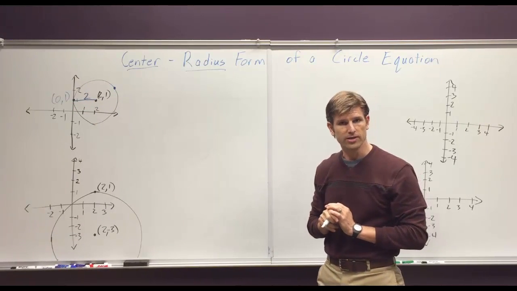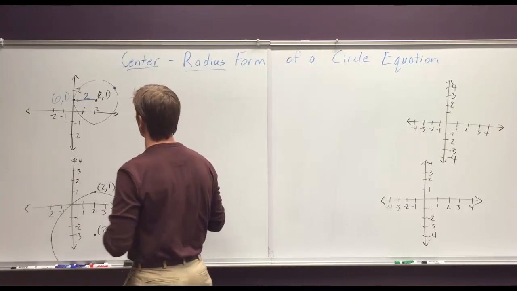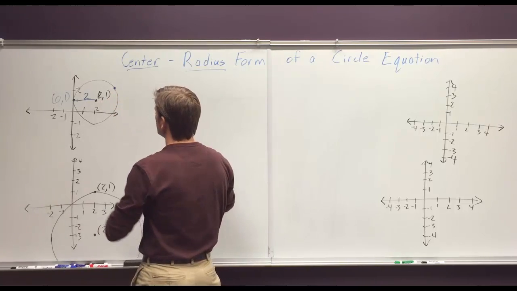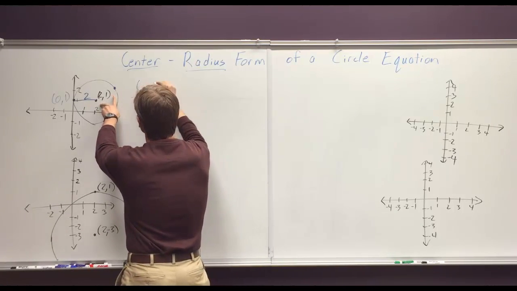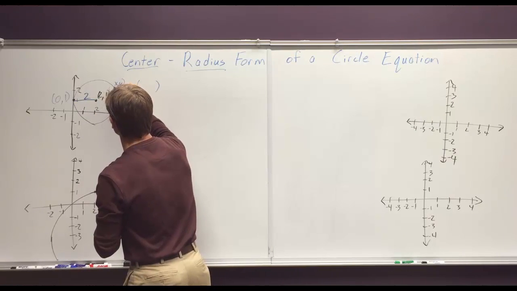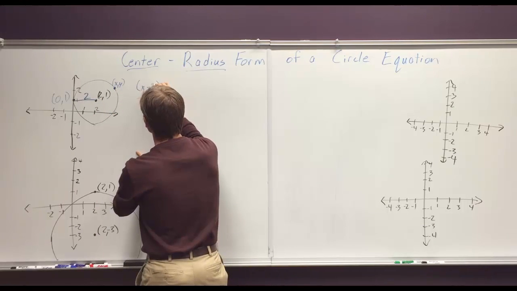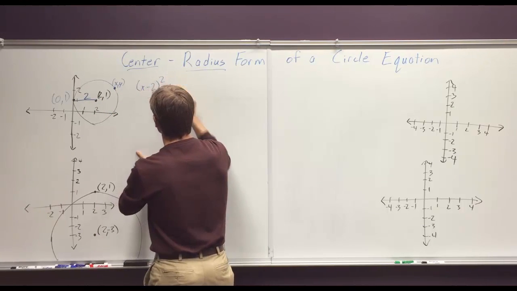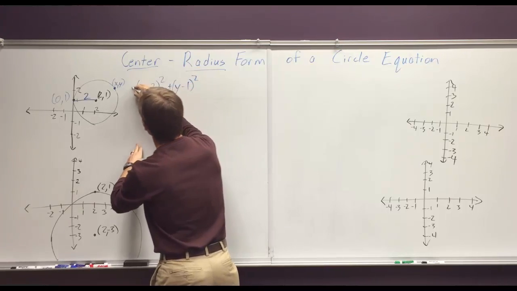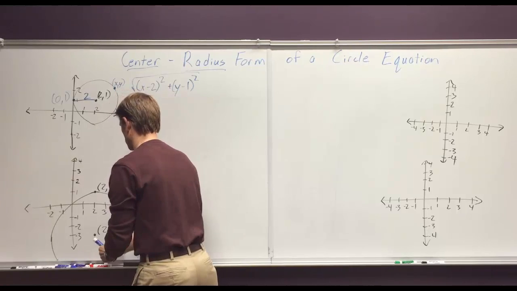Well, is there a way to exploit that to make an equation that describes every point on that circle? Well, there is, and it has to do with the distance formula. You remember that the distance formula says that the distance between two things is the square root of the square of their difference in x values. So let's imagine I had a point x, y here. Their x values, so x minus 2 squared plus y minus 1 squared, the square root of that would be the distance between the two.